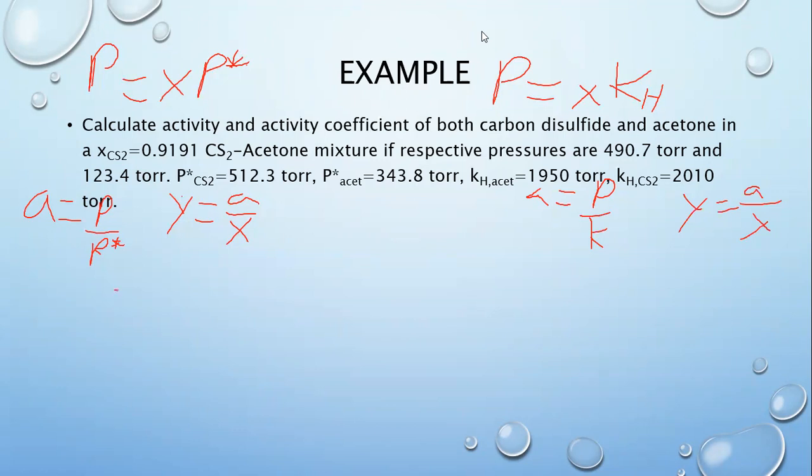But let's start with the mole fraction. If the mole fraction of CS2 is 0.9191, then the mole fraction of acetone, we're going to need that no matter what, is going to be 0.0809, because adding up the two mole fractions should give us 1.